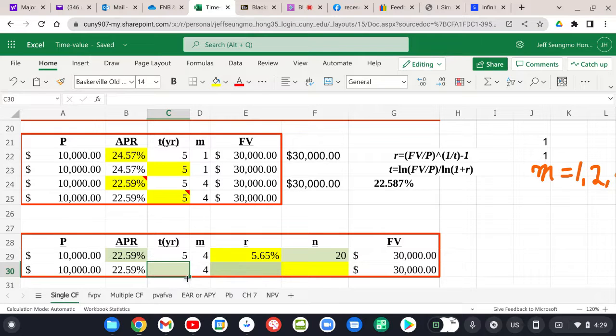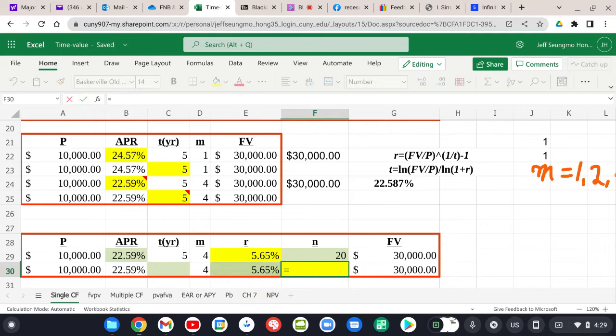This will be the ultimate answer, but first, we need to know the periodic rate. So we'll just divide the annual rate by 4. Of course, we know it should be 5.65.